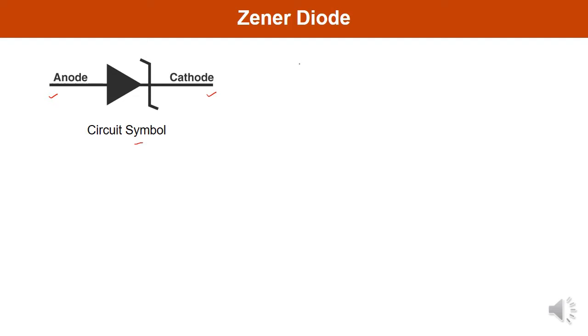So how is this battery being connected here? Positive, negative, positive, negative. Then a current limiting resistor also needs to be connected here. This is the Zener diode, and because of this applied battery voltage, the Zener diode acts in a reverse bias condition. This is our current limiting resistor, and Vz is the Zener voltage.